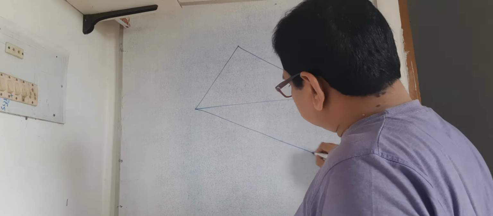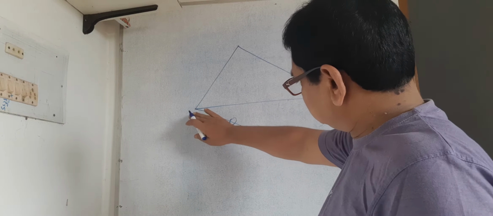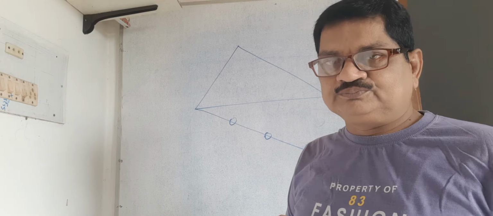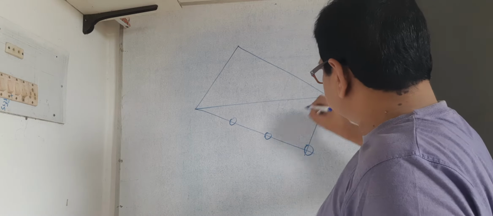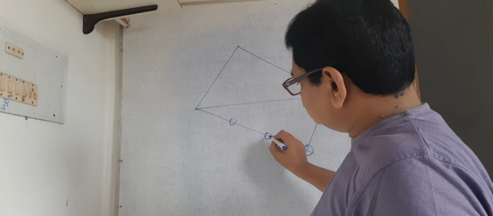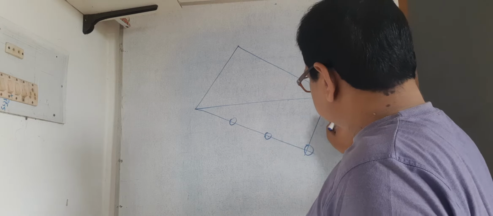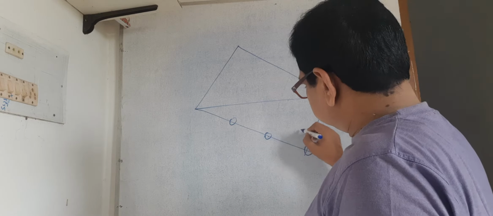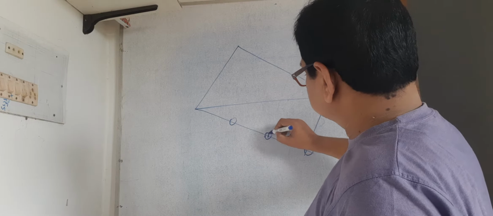So what we will do here, we will take 3 points at equal distances, and the last one will be joined with this endpoint, and 1, 2, this is the second one now. So from here just draw a line parallel to this using corresponding angle, and that line goes like this.